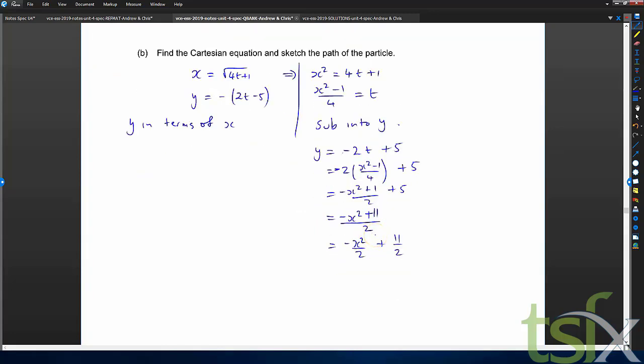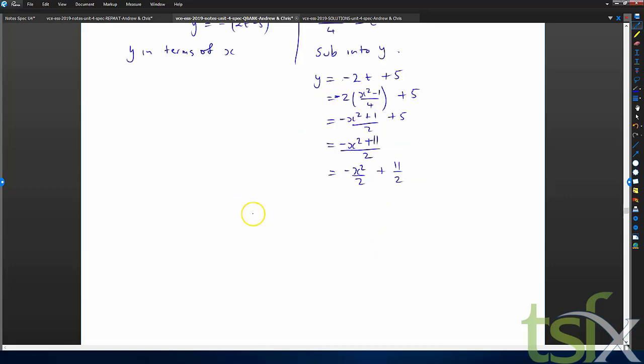Now, we've got to sketch the path of that. So what do you suggest we do with that? Sketch the path. Yeah, we just sketch that. All right, let's sketch the parabola. Okay. Yep, sketch the parabola.